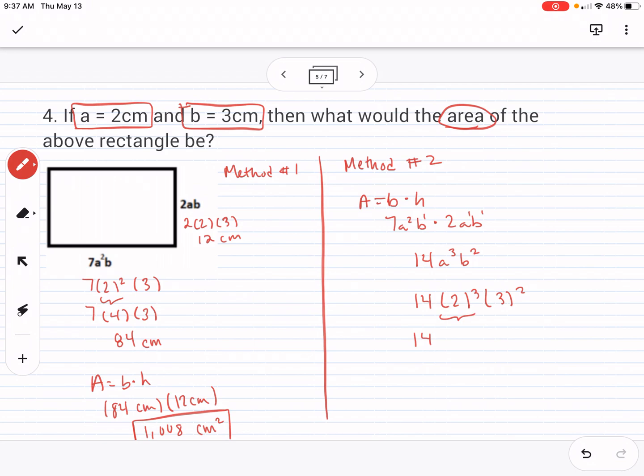So here, 2 to the third power is 8. And 3 squared is 9. So then if you multiply all of those, you get 1008. And again, the units were centimeters, but because it's area and you're doing base times height, it becomes centimeters squared.